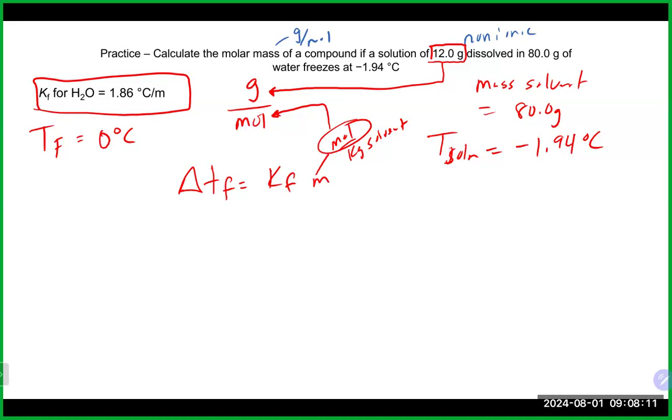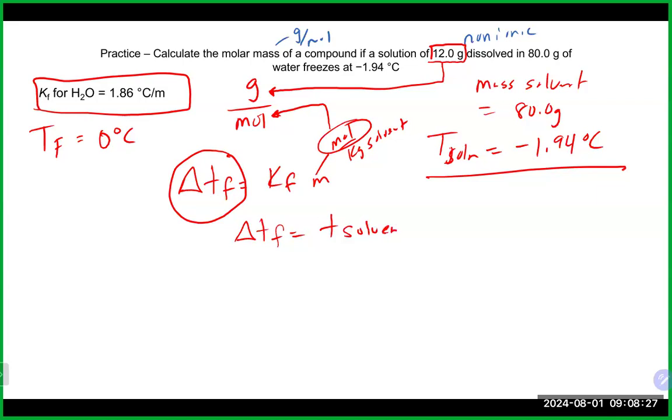So also a very common mistake is, once again, this is not this. Again, that is the temperature at which this solution freezes. So the change in the freezing point temperature would be the temperature of the solvent minus the temperature of the solution.